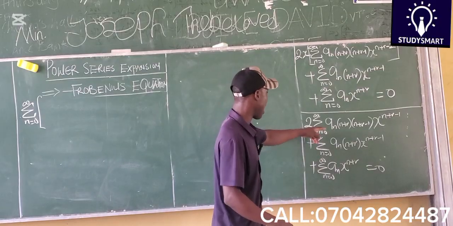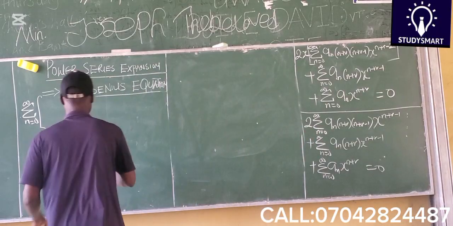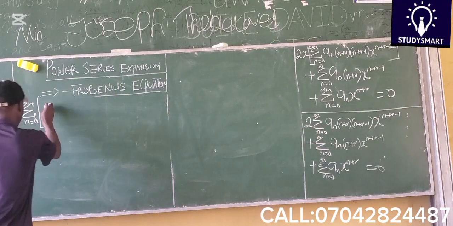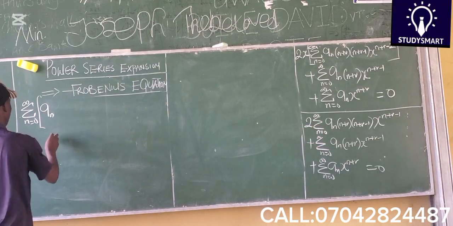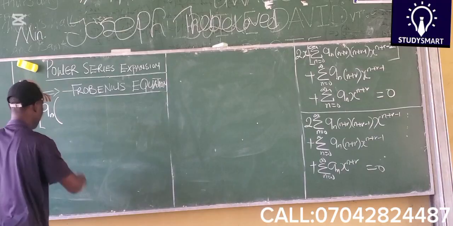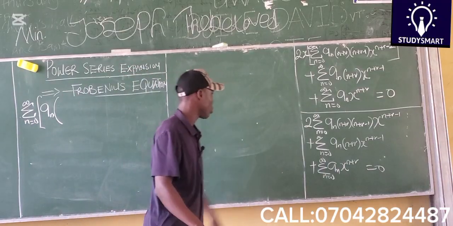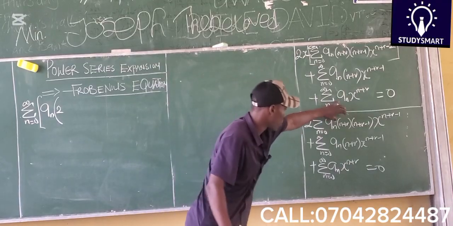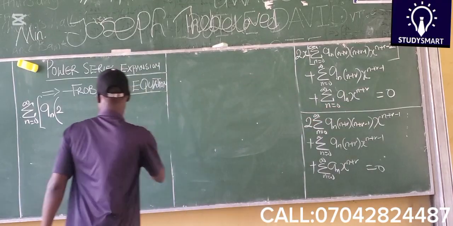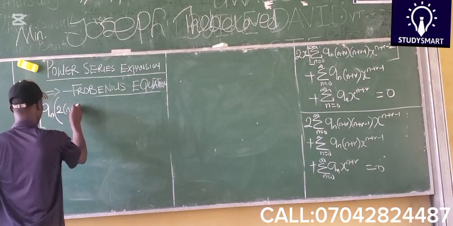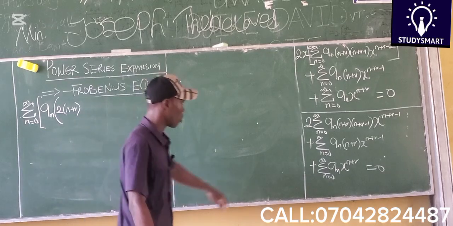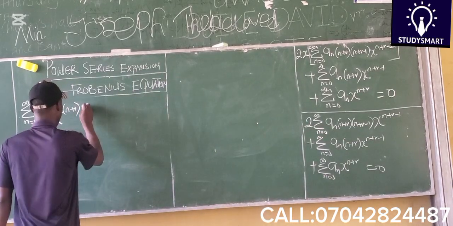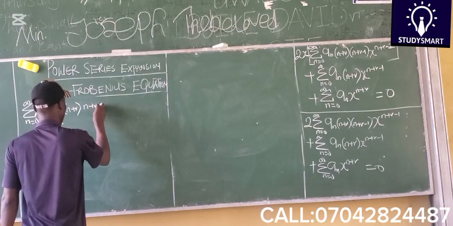It means that I have 2. I have a_n here, so I can factor it out, a_n. Then I have my 2 times this expression: n plus r, and also n plus r minus 1.